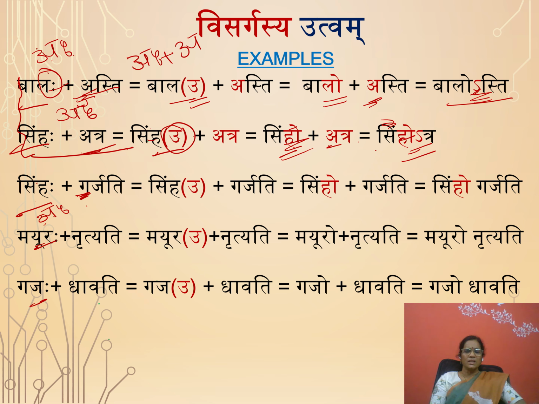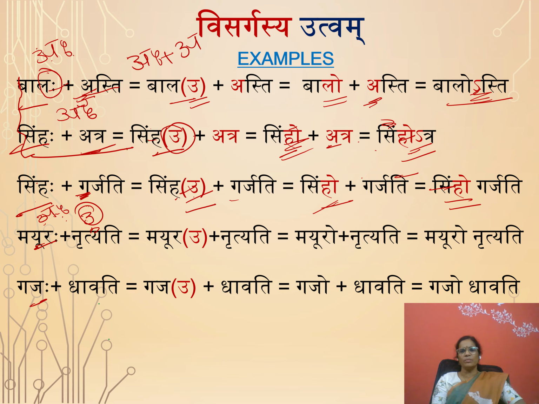In the consonants, this ga is the third letter of the kavarga: ka, kha, ga. So here the word ended with Aha, and the second word started with the third letter of the consonants, that means a soft consonant. Then in the place of Visarga we will get U. Then simha plus U, simho. Okay, here you can see simho.